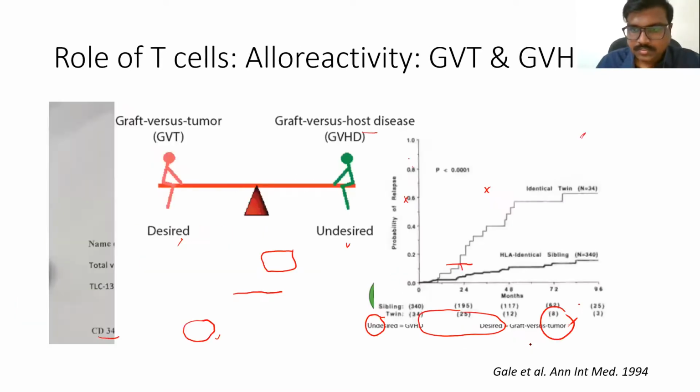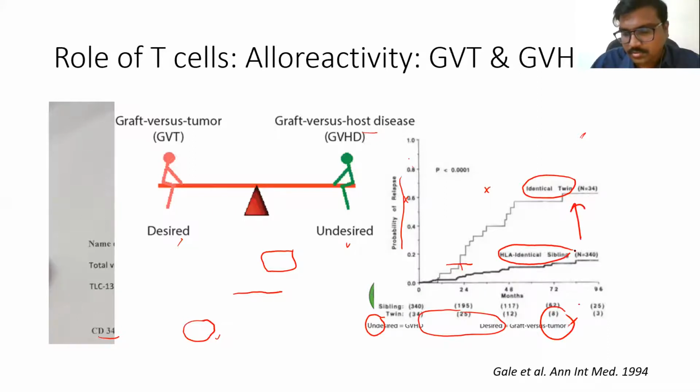Just to highlight the fact, this graph is taken from a study which shows probability of relapse of AML in patients who have received stem cells from either an identical twin or an HLA identical sibling. We see that when stem cells are taken from an identical twin who shares a lot of antigens, there is less graft versus host and graft versus tumor also, leading to high relapse.